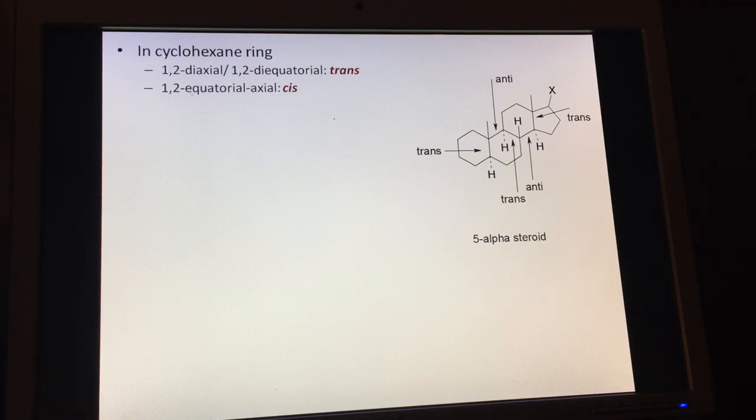If the groups attached to the adjacent carbon atoms are 1,2 diaxial or 1,2 diequatorial, then it is called trans. And the groups attached by 1,2 equatorial and axial orientation are called cis.